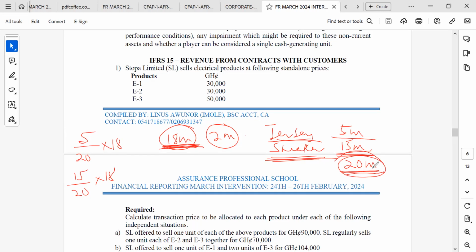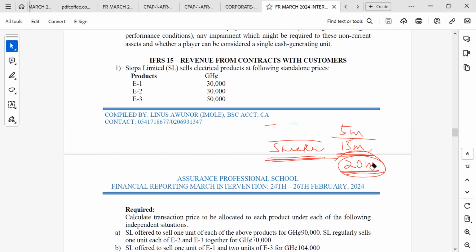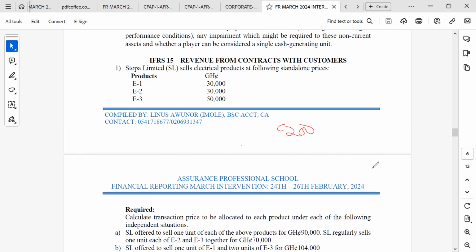Okay. Sometimes too, the company can say, okay, I've given you my computer that you should repair it for me. So I'm saying that you are charging me 200 Ghana cedis. But I'm telling you that if you're able to finish within 24 hours, I'll be able to give you an additional 50 cedis. That is what we call variable consideration.